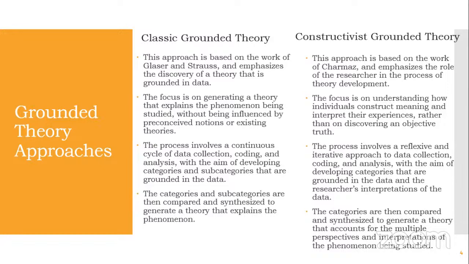Okay, but in constructivist grounded theory, we are more concerned about the perspectives and different interpretations of the phenomenon that is being studied. So we are not looking at the objective interpretation of the phenomenon itself, but we are trying to understand how the phenomenon is interpreted or seen from different perspectives by the researcher and others. Okay, so that's the basic difference between these two approaches.